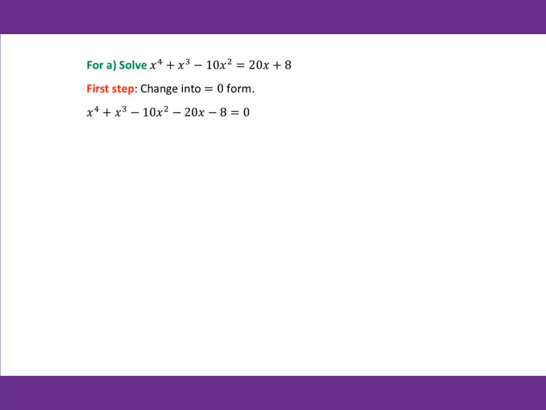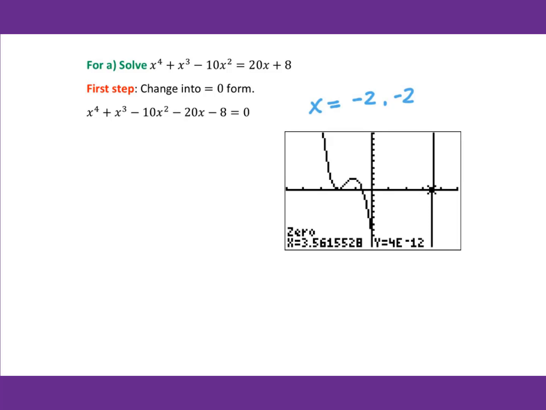By using the graphing calculator, we got the rational root, that is -2. But we got two -2's because it has a multiplicity of 2. Whenever you see the graph bouncing back at 0, that means it has a multiplicity of an even number, 2, 4, 6. For this situation, it has a multiplicity of 2.